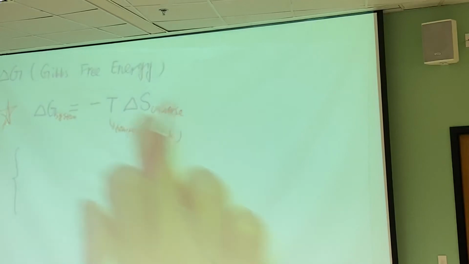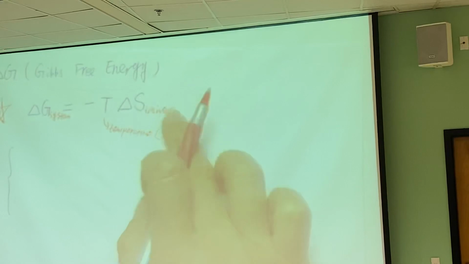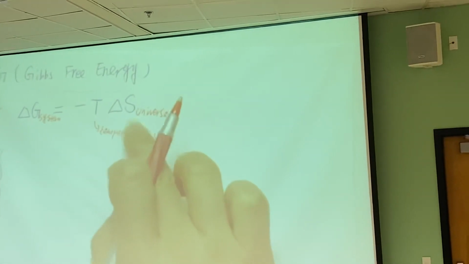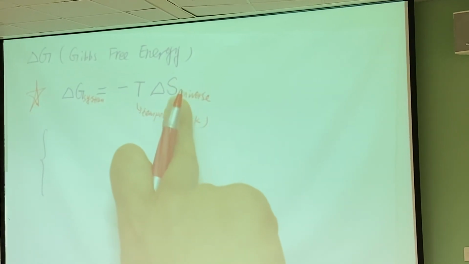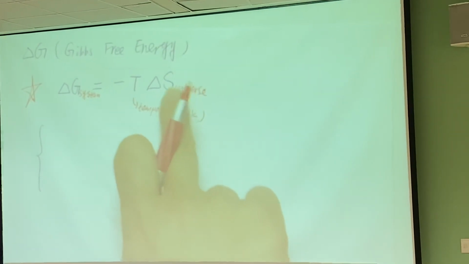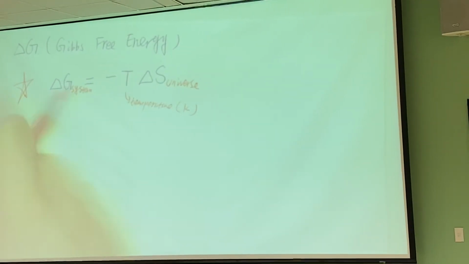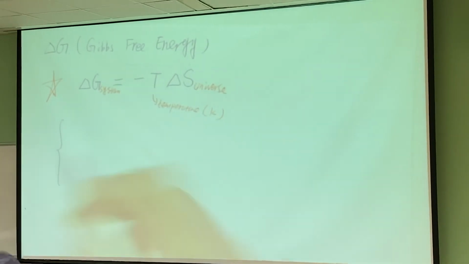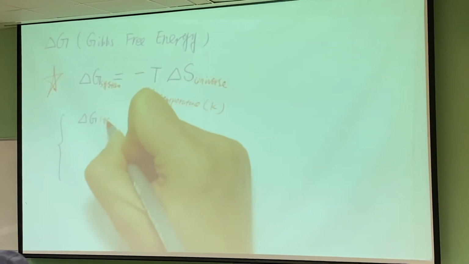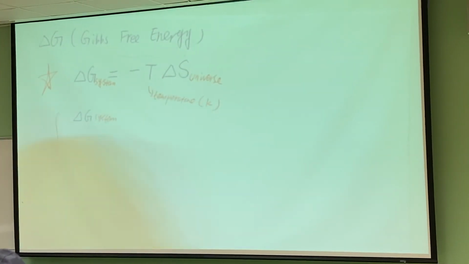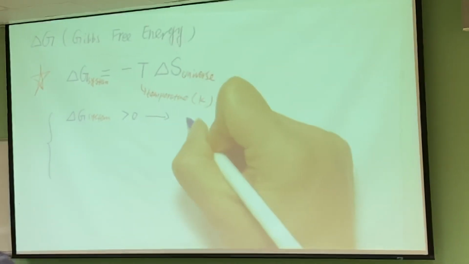And when we start with delta S universe, everything will be clear. Think about the second law of thermodynamics. We define when delta S universe is positive, it's spontaneous. So when delta S universe is positive, you put a negative sign. What happens to delta G? Negative, right?